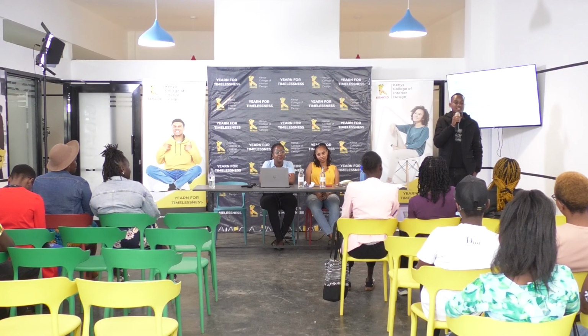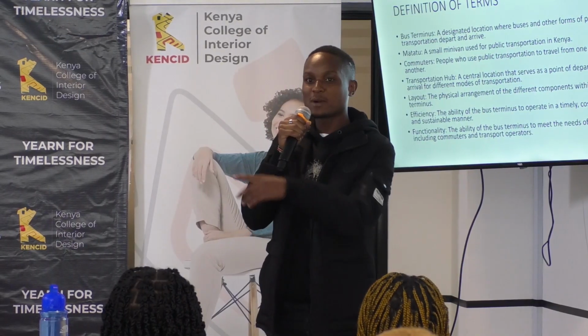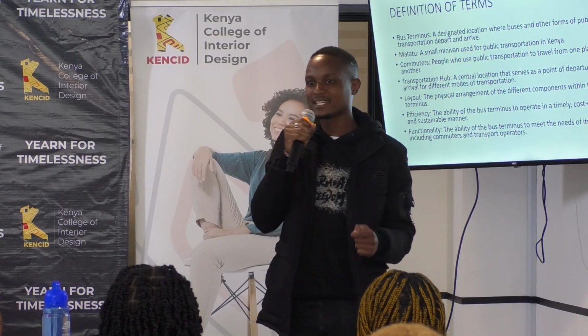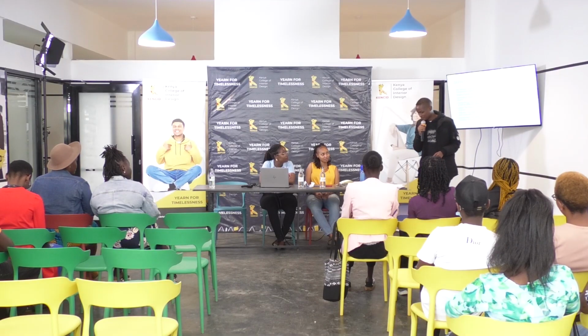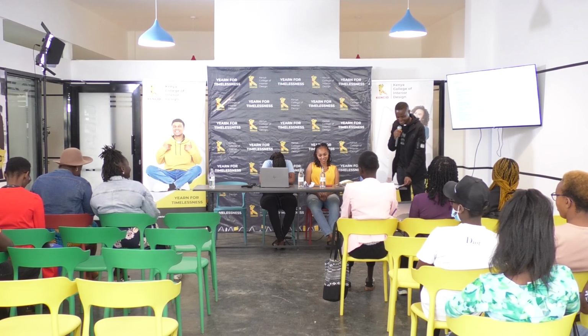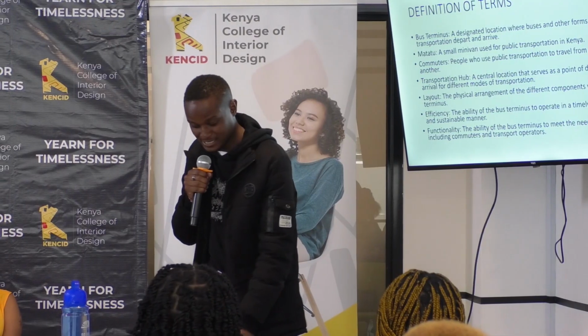The second term is matatu. What is a matatu? Matatu, nganya, mathri. Nani anajua mathri? It's okay, I'll tell you. A matatu is a small van or minivan used for public transportation in Kenya. In Kenya it's called a matatu.